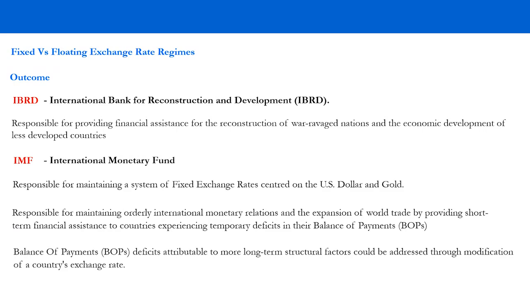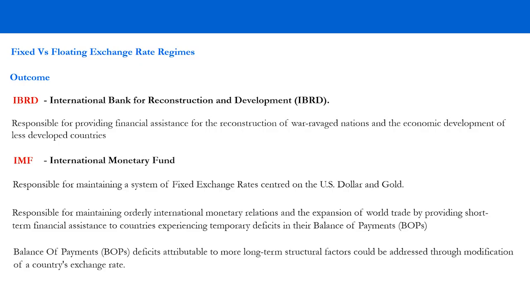So what was the outcome there? Well, the International Bank for Reconstruction and Development, the IBRD, was given responsibility as a body to provide financial assistance for the reconstruction of the war-ravaged, less developed nations. So given responsibility for the economic development of these countries.